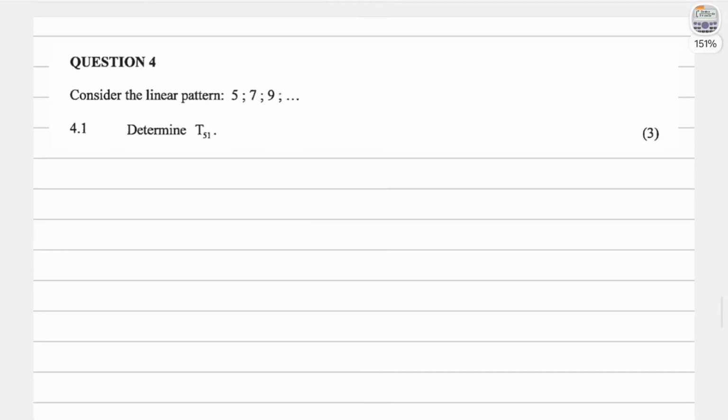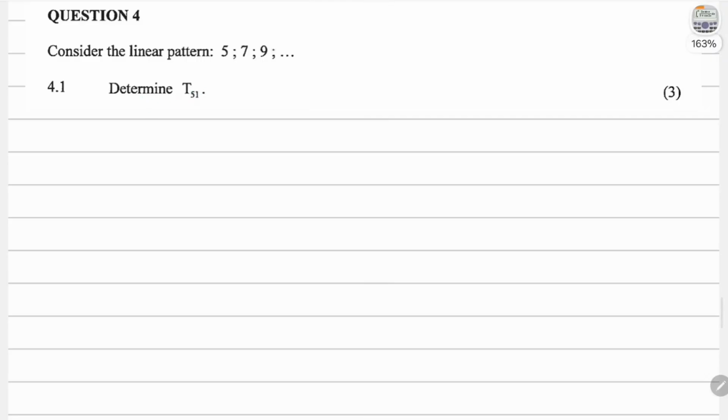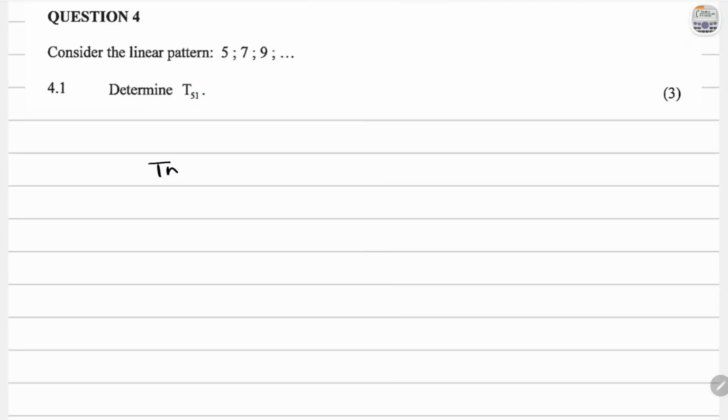Question 4 says, consider the linear pattern 5, 7, 9, and we need to determine term 51. We can use the Tn formula for an arithmetic pattern, which is a plus (n minus 1) times d. So term 51 is equal to a, where a stands for the first term, which is 5, plus 51 minus 1, because n is equal to 51, multiplied by d.